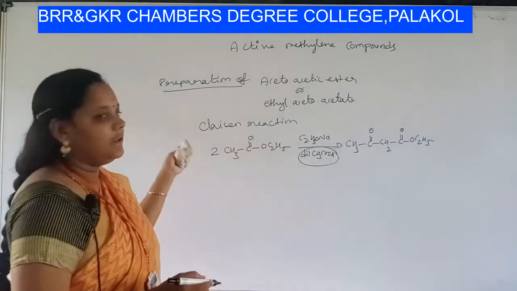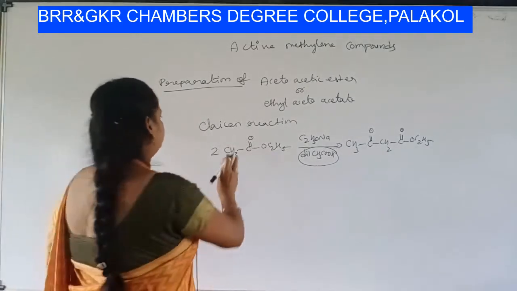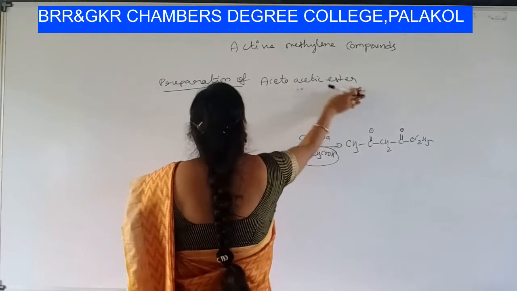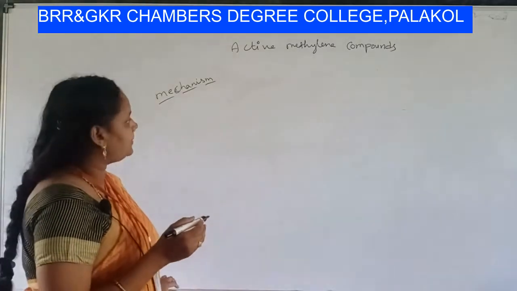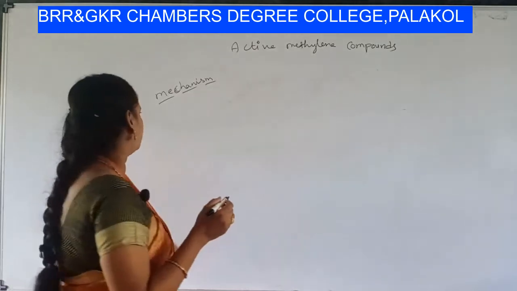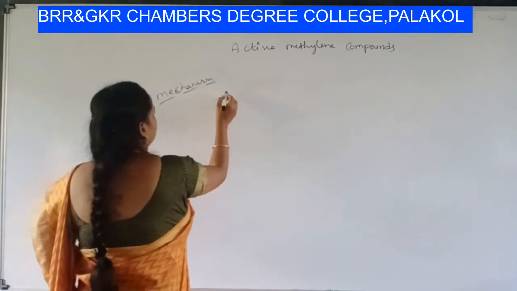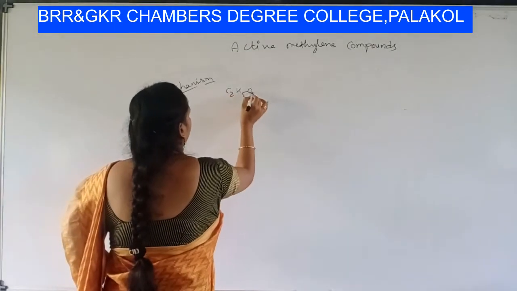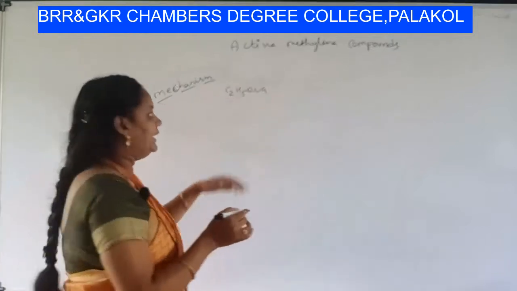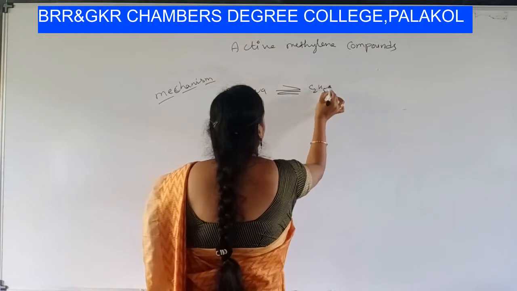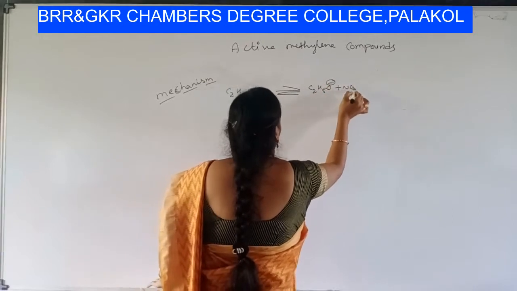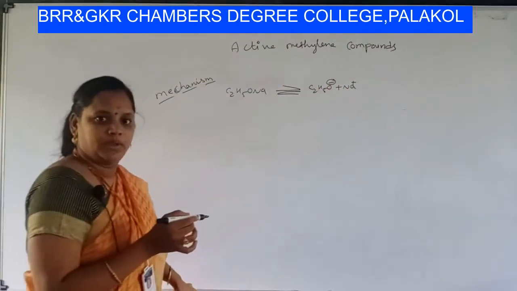Okay students, let us do the mechanism for this. Mechanism of the preparation by Claisen reaction. In the first step, sodium ethoxide will ionize into C2H5O minus and Na plus.